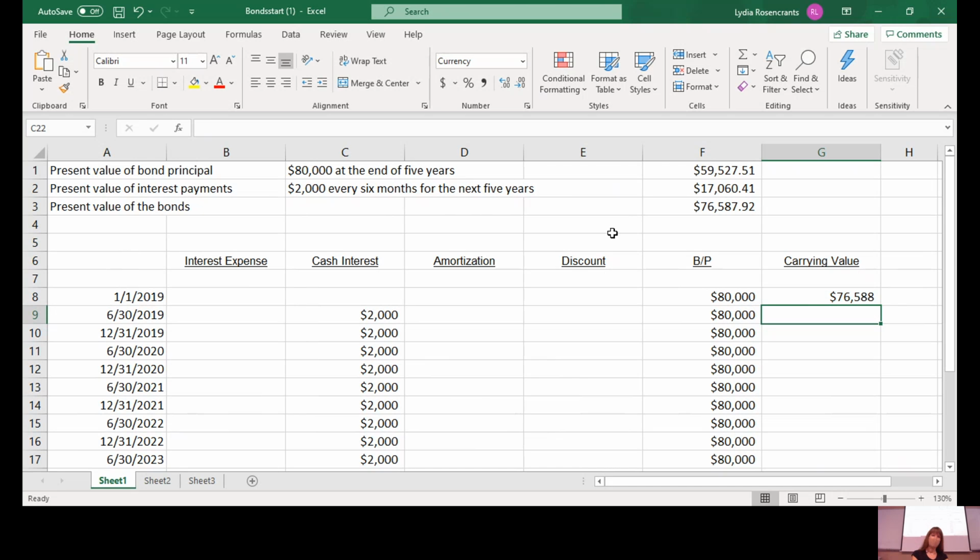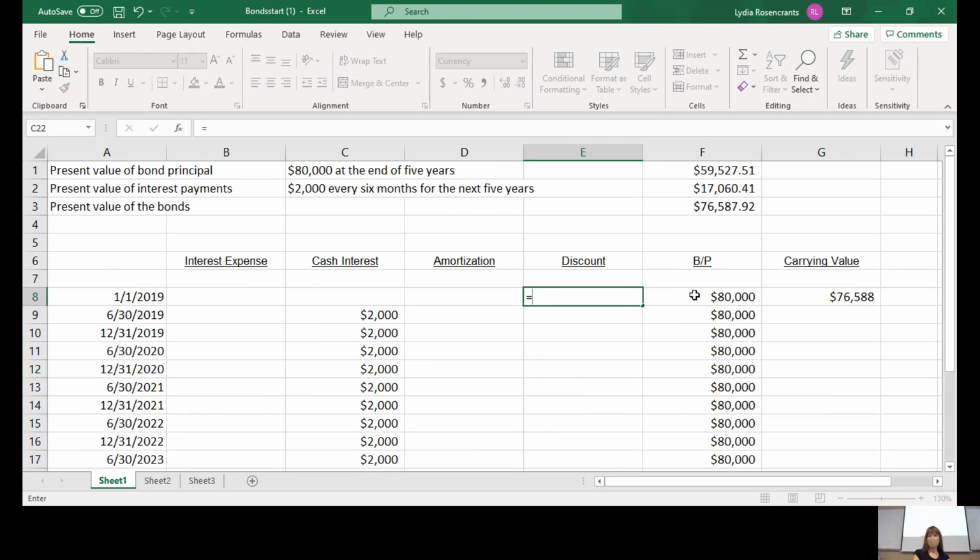$76,588, rounded. Okay, so the discount then is the 80,000 minus the carrying value. So F8 minus G8 is the discount on the bond. The discount the bondholders gave themselves by saying they wanted that market rate was $3,412.